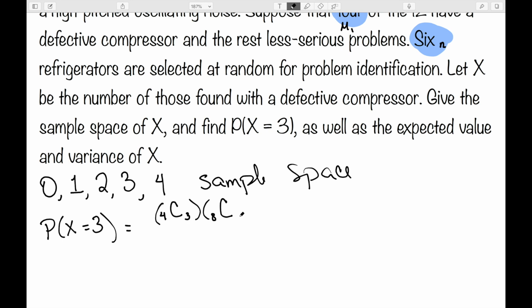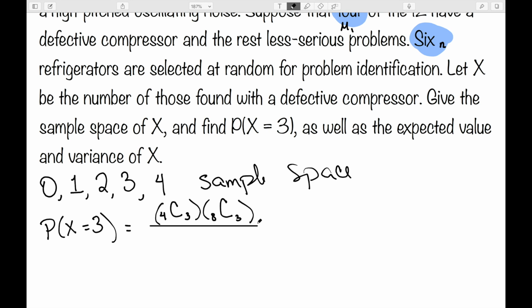Choose n minus x, so 6 minus 3 is 3. So what we're doing here is choosing 3 out of the 4 defective and 3 out of the 8 not defective, since this is what we want. We want 3 defective and 3 not defective, since we have a total of 6.